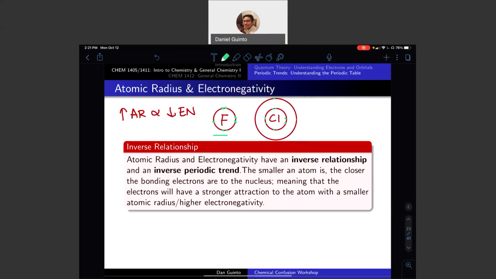And even though chlorine is pretty electronegative, but not as electronegative in comparison to fluorine, its radius isn't going to be smaller, but rather larger, because it has an extra shell that electrons can be taken from. So fluorine, because of its high electronegativity, is going to have a smaller atomic radius. And even though chlorine is very electronegative, its atomic radius is bigger than fluorine's, but its electronegativity conversely is decreased.